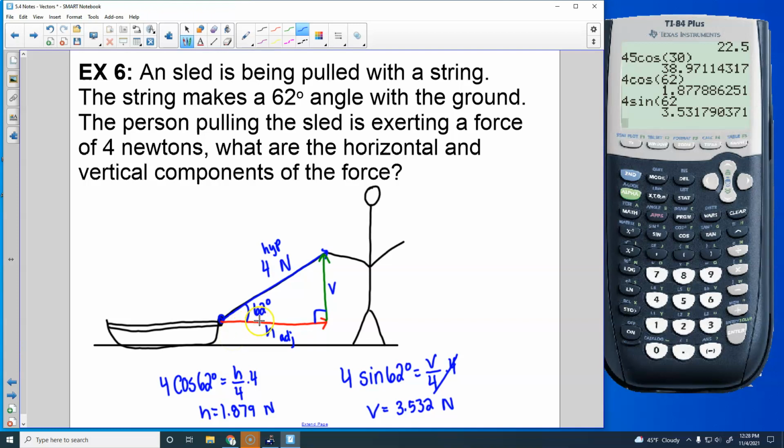Then you would be pulling the sled at a more efficient angle because less of your force would be wasted. And this stick figure's pulling the sled like this anyway, which is kind of odd. So he could just lower his arm there.